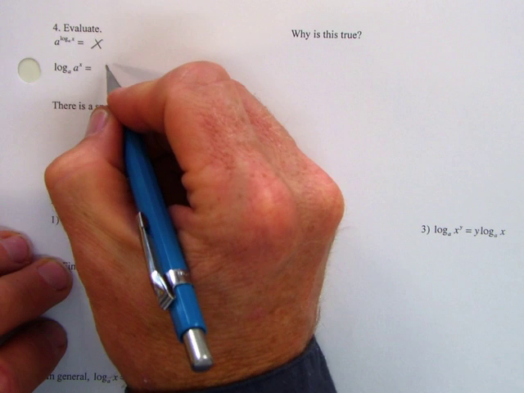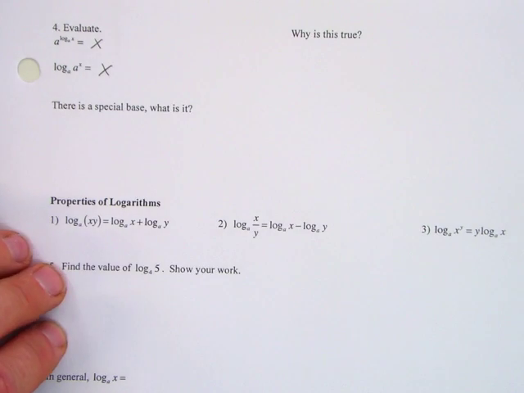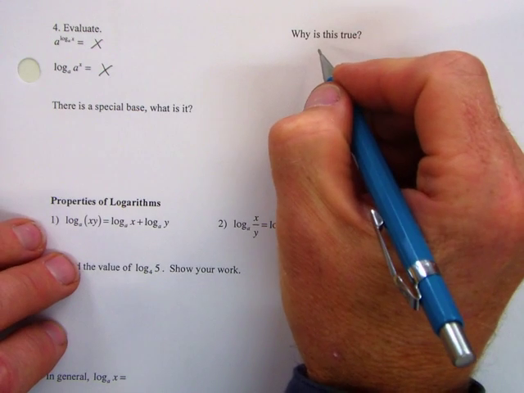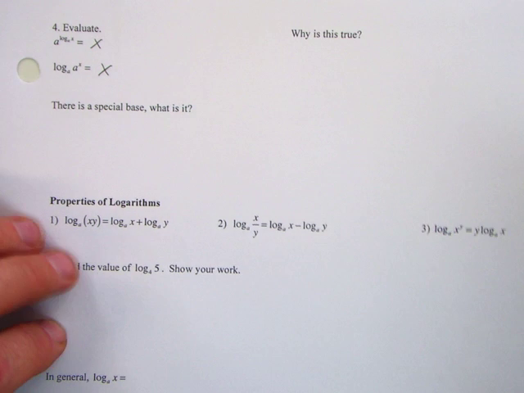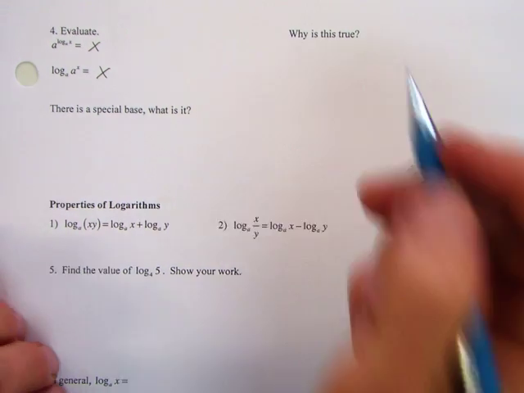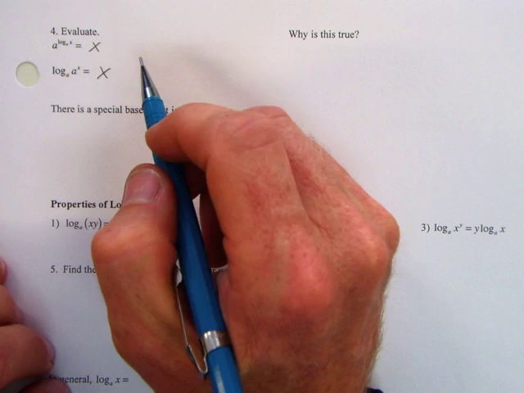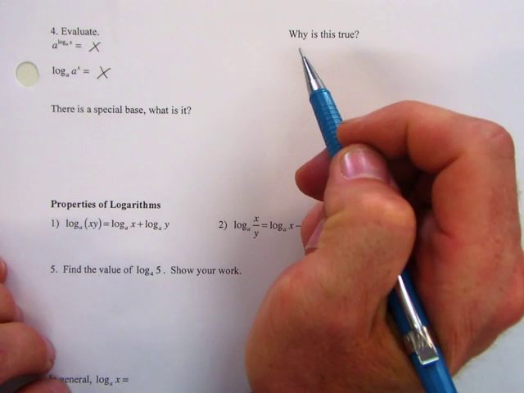And log base a of a to the x will equal x. Why is this true? Think about that a little bit. You can look at this and say a to the log base a of x is going to be x, but why?